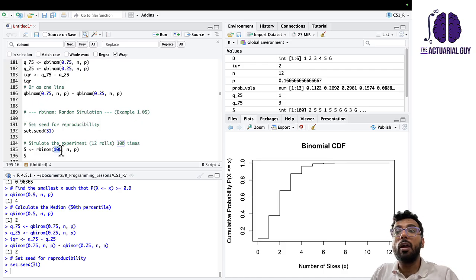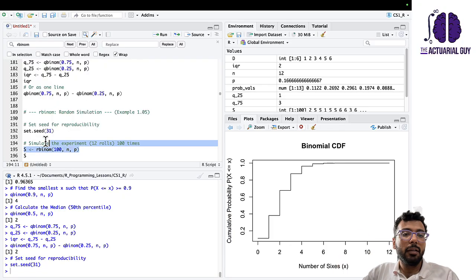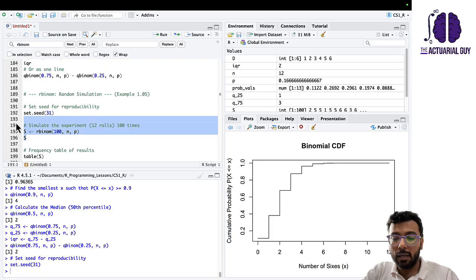So you're actually rolling 1200 times, but each simulation is the number of successes you get on 12 rolls: how many successes I got on the first 12 rolls, then on the second 12 rolls, which is the 13th to 24th roll. So you'll get 100 sample points, which is the number of successes you got on each of these 100 sets of 12 rolls. n, n and p we have defined. Once you run this, you will get 100 values.